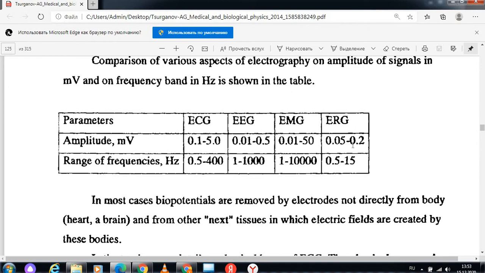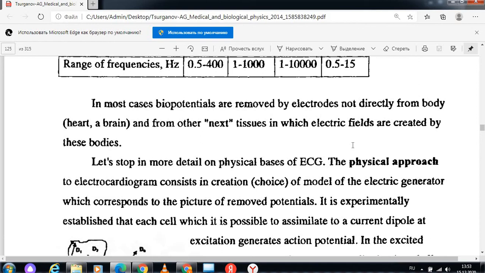In most cases, the biopotentials are removed by electrodes, not directly from the body, a heart, or the brain, but from other nearby tissues, in which electric fields are created by these organs.